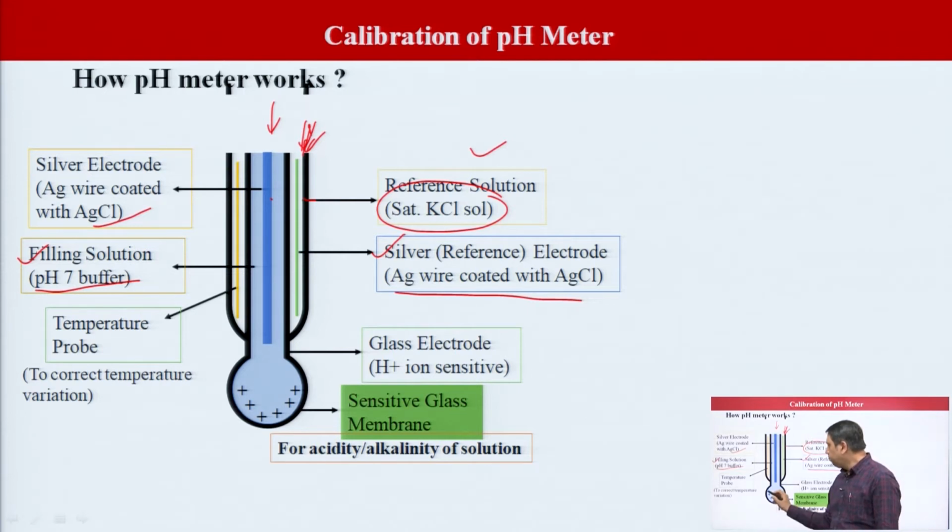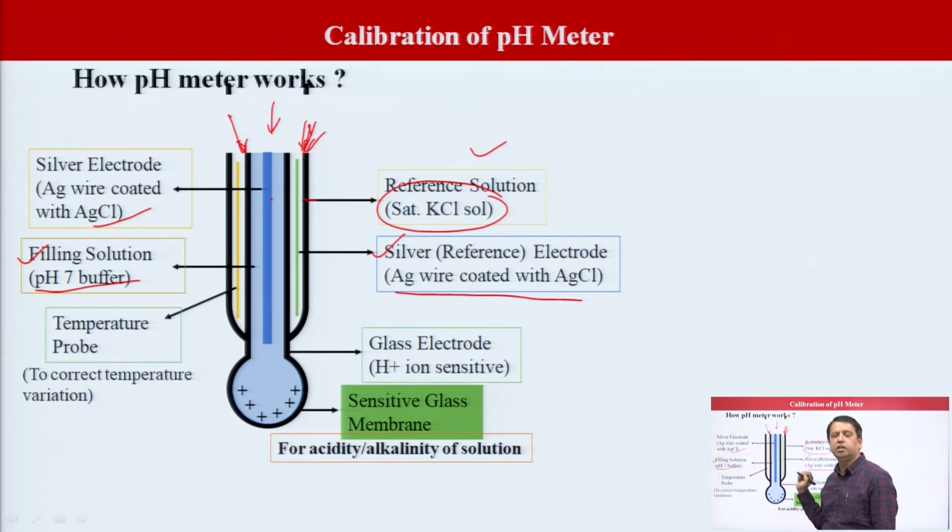And the lower portion of this electrode, or this pH meter, is dipped into the solution for which the pH is determined. In this figure, you can also see another electrode-like thing represented here in the yellow line.